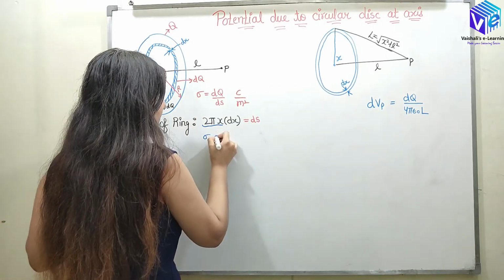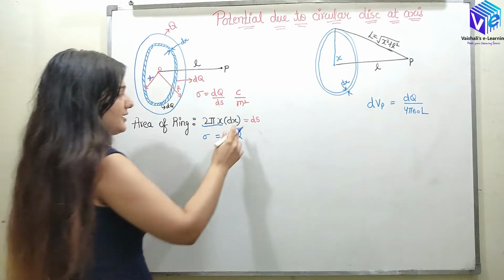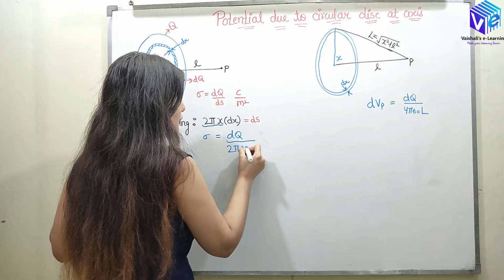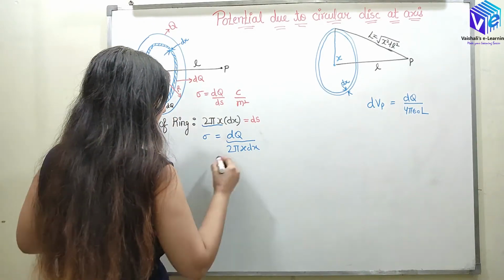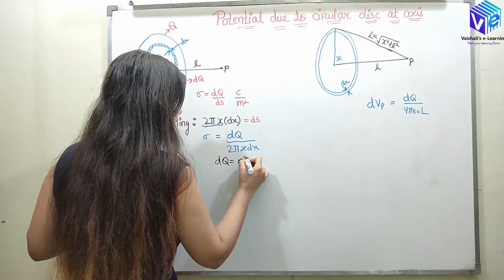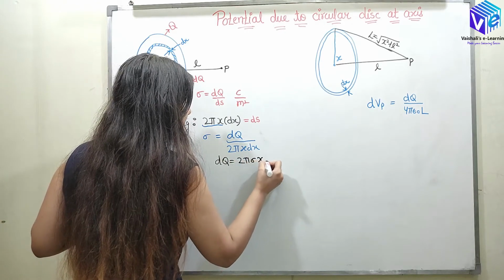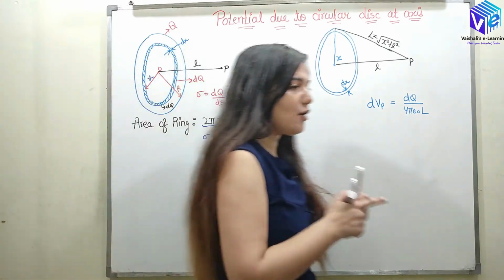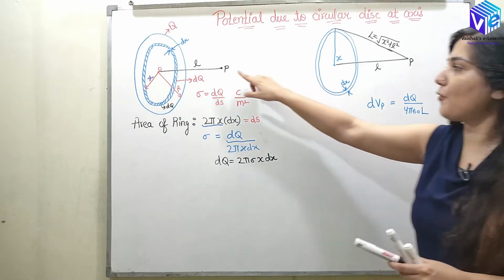So sigma will be given as dq upon ds, where ds was the surface area, which is 2 pi x dx. Now from here I can find dq in terms of sigma. So I can write it as 2 pi sigma into x into dx. This is my dq.